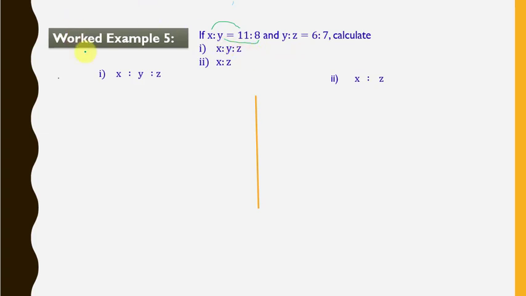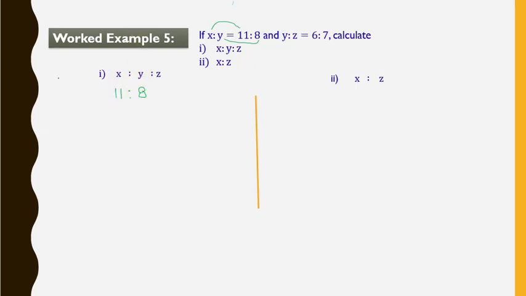Okay, now we move on to the first part where x is to y. Now x is to y is 11 is to 8. So I will write the 11 over here just below the x. I will put the ratio sign and then y is 8 in this case. Okay, 11 is to 8, x is to y.